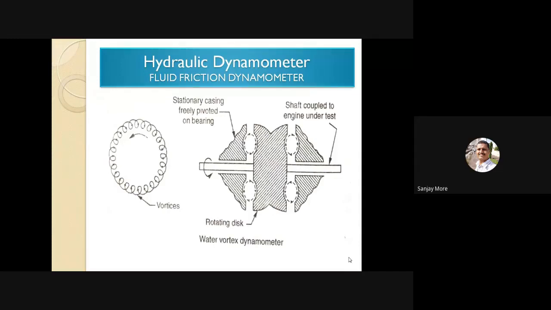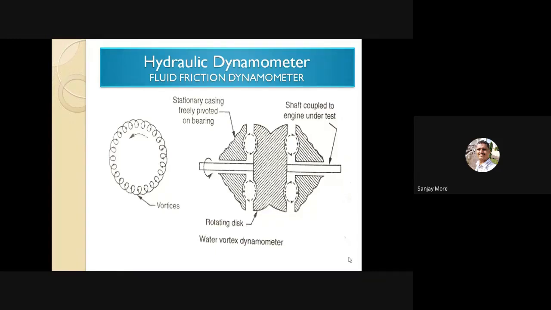Then the next title, hydraulic dynamometer or fluid friction dynamometer.